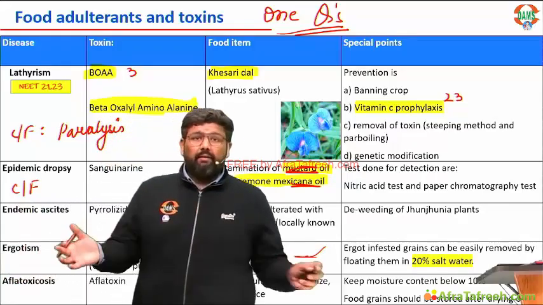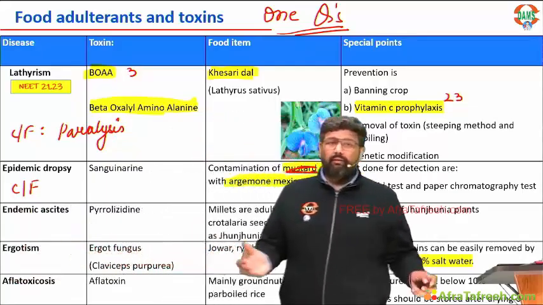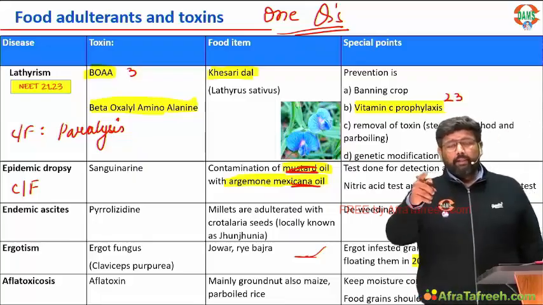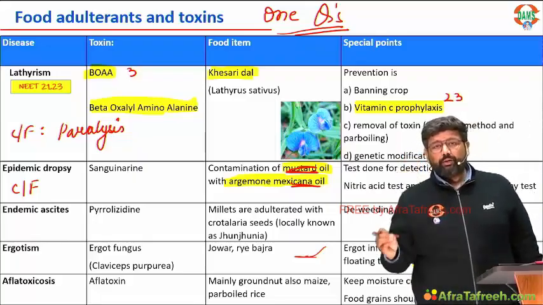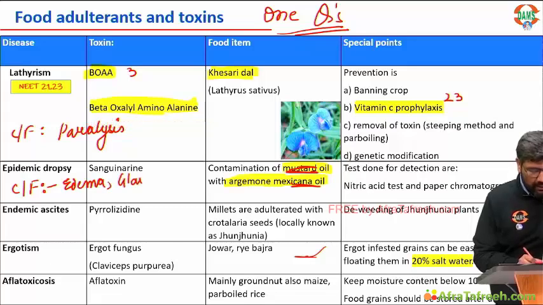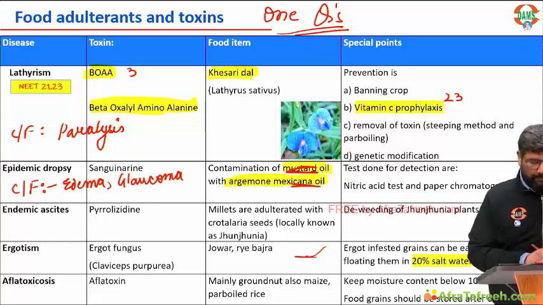Whenever there are drops of liquid, that is the symptom. Let us take an example. If the fluid is in the legs, pedal edema. If the fluid is in the eye, glaucoma. If the fluid is in the heart, CHF.